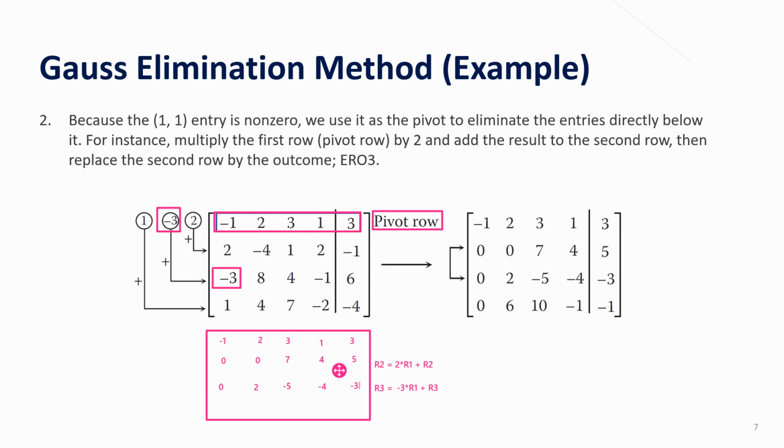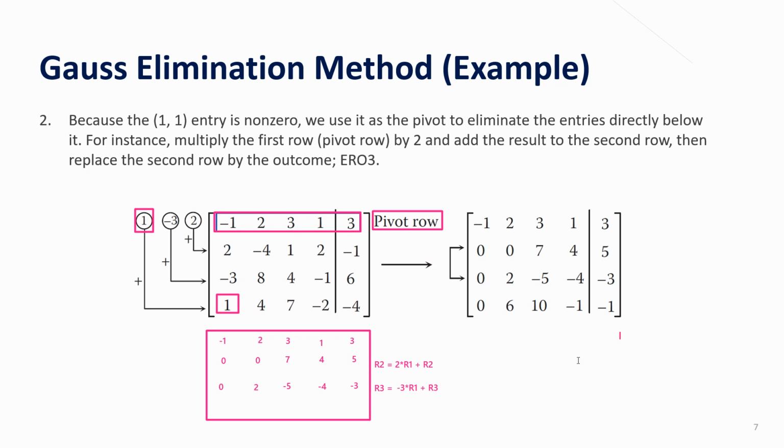Minus 3 becomes 0. Next, what we are going to do is eliminate this one, so it becomes 0. For the pivot row, we multiply it by 1, because 1 multiplied by minus 1 and then plus here will become 0.